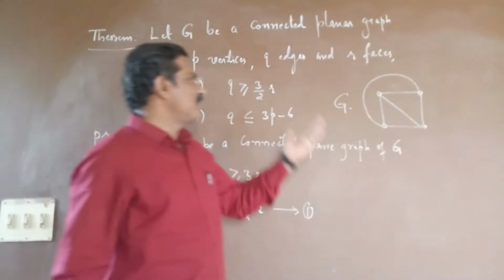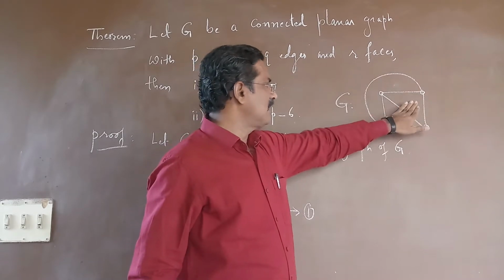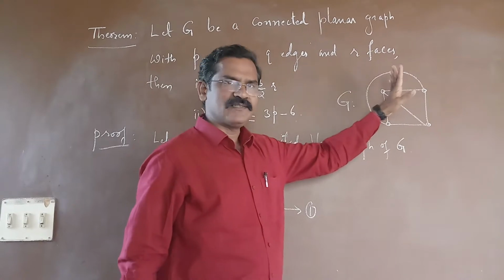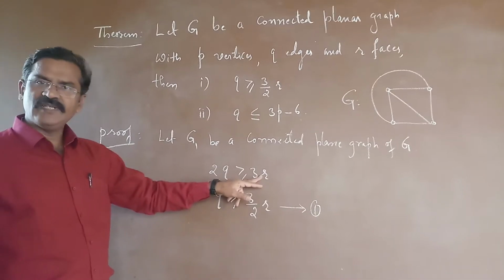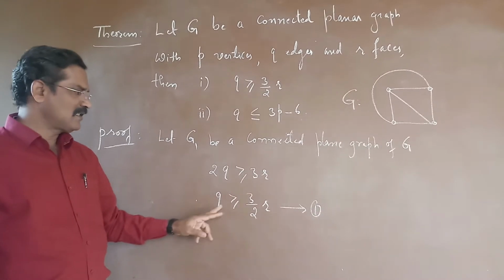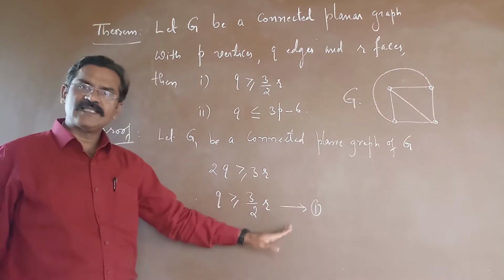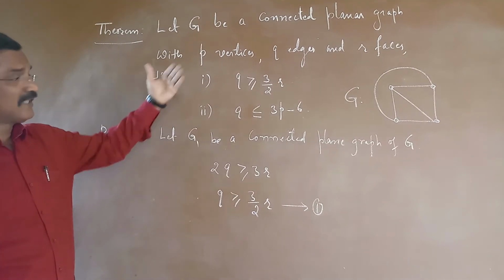And every face is bounded by at least 3 edges, so 2Q must be greater than or equal to 3R, which implies Q is greater than or equal to 3 by 2 R. So, already we have proved this result in the previous class. Now, we try to prove the other result.